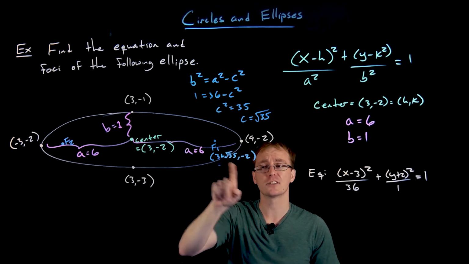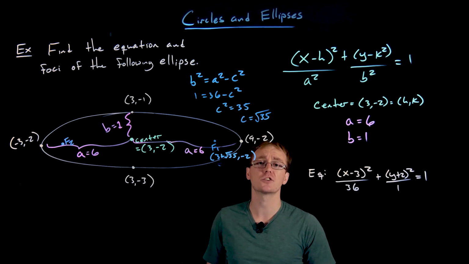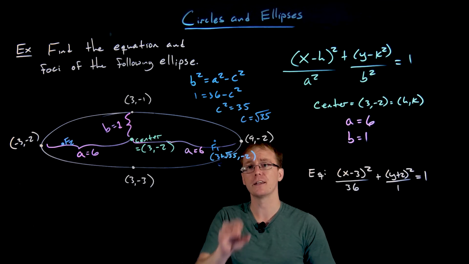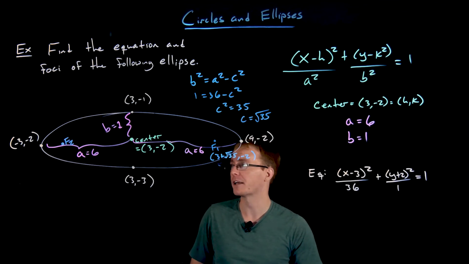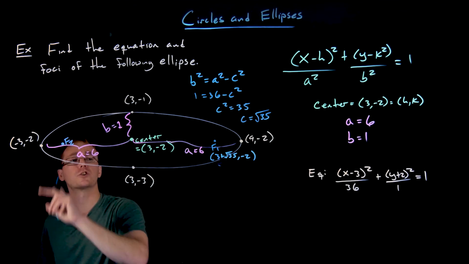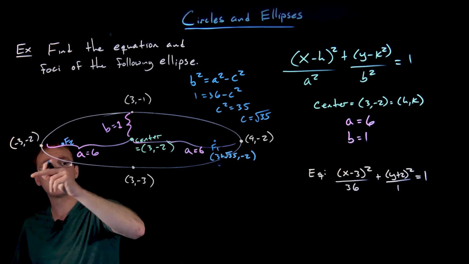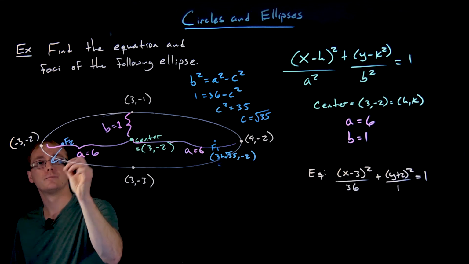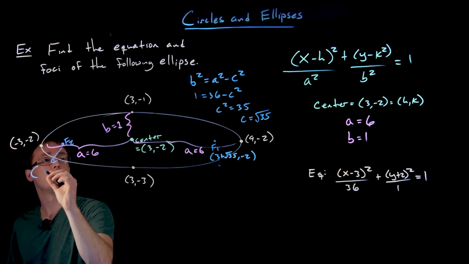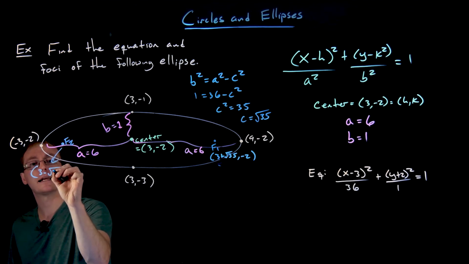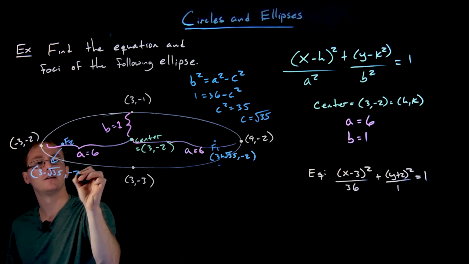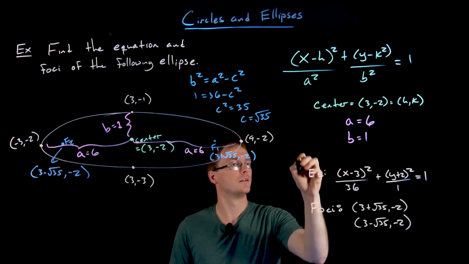The exact coordinates of that point are 3 plus the square root of 35 for the x coordinate and just -2 for the y coordinate. If we travel the square root of 35 units in the horizontal direction, or to the left of our center point, then we get our second focal point, and that'll have coordinates of (3 minus the square root of 35, -2).